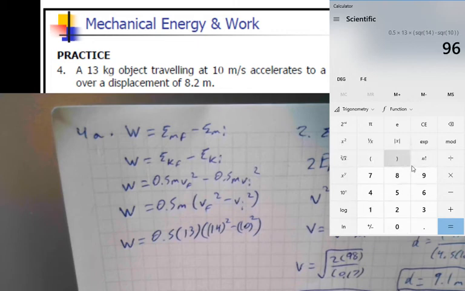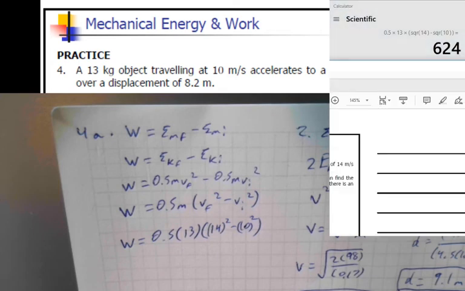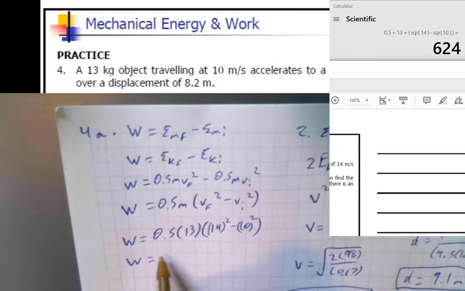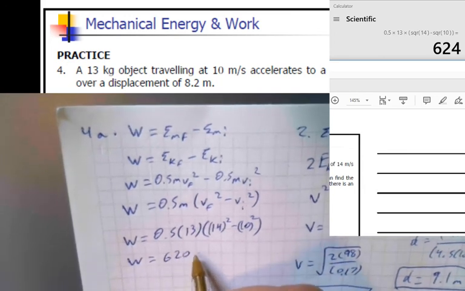Close the bracket, press equals 624. And we have two significant digits as our minimum amount of significant digits here. So we round to 620. And that is in joules.